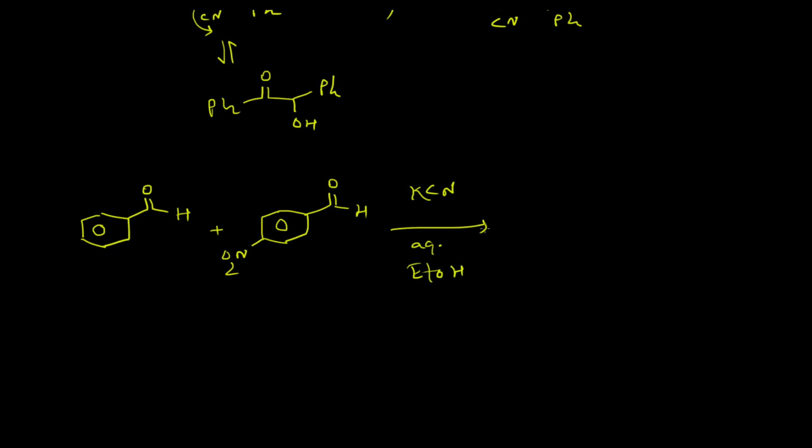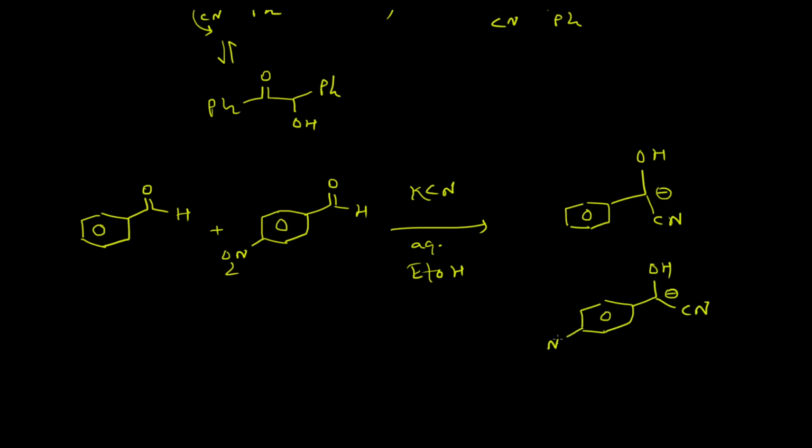Both of these aldehydes will form this particular negatively charged intermediate at the initial stage of the reaction. Benzaldehyde will form it, and para-nitrobenzaldehyde will also form this intermediate.